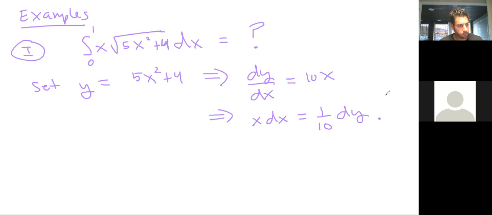Is it just simple algebra we're doing? I mean, no, it's not simple algebra, but okay, so you can think of it as simple algebra, but it's actually a little deeper. It's this idea of differentials we talked about a few classes ago. So if you can see where my pen is hovering, this is not a fraction. dy dx is not a fraction. It is the notation for a derivative. However, we can use this language of differentials.